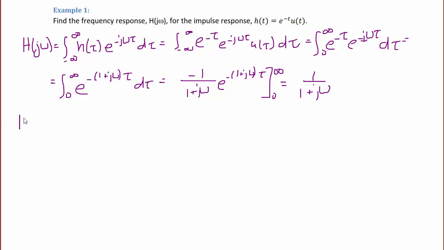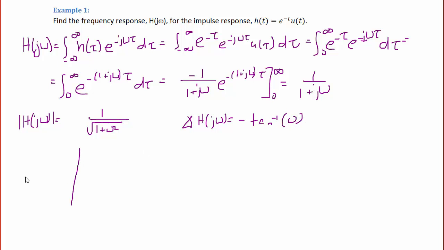So now that means that the magnitude of H of j omega is equal to 1 over the square root of 1 plus omega squared, and the angle of H of j omega is negative the arctangent of omega. We've already talked about that if h of t is real, then H of j omega should demonstrate conjugate symmetry.